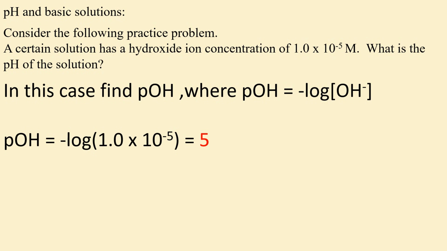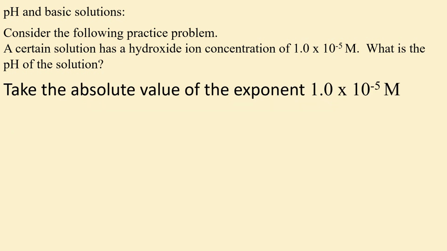So pOH is equal to the negative log of 1.0 times 10 to the minus 5 molar. This is equal to 5. Or we may take the absolute value of the exponent. So the exponent in 1.0 times 10 to the minus 5 molar is 5.